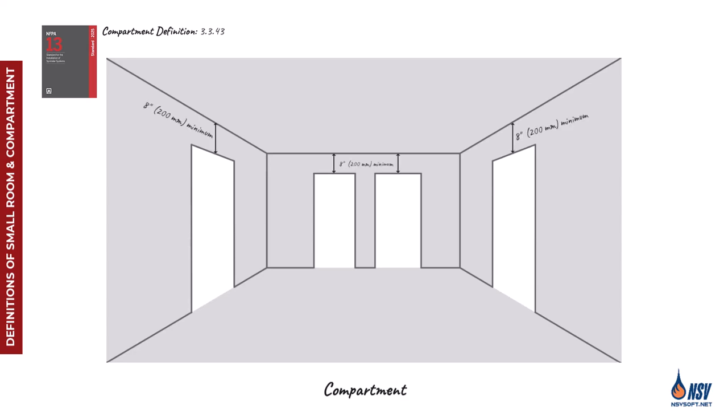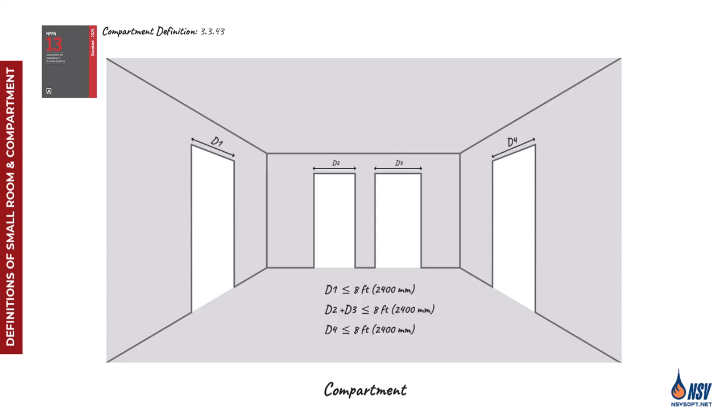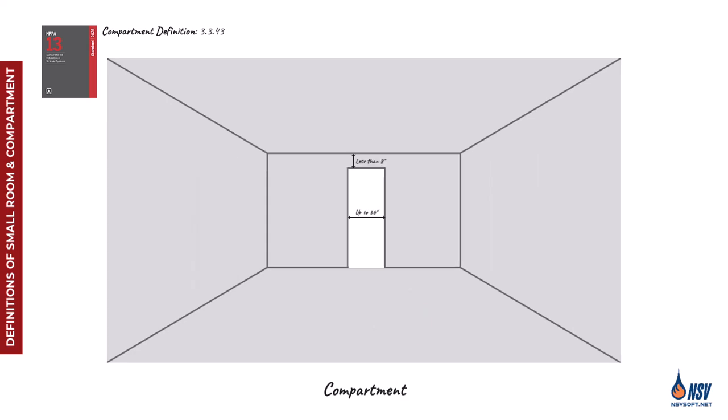A lintel of at least 8 inches below the ceiling must be present, and the total width of openings in any one wall must not exceed 8 feet. It's also important to note that a single opening 36 inches wide or less is allowed without a lintel as long as there are no other openings to adjoining spaces.